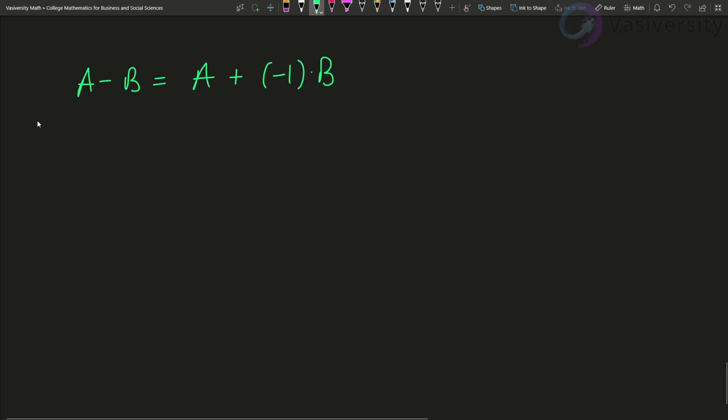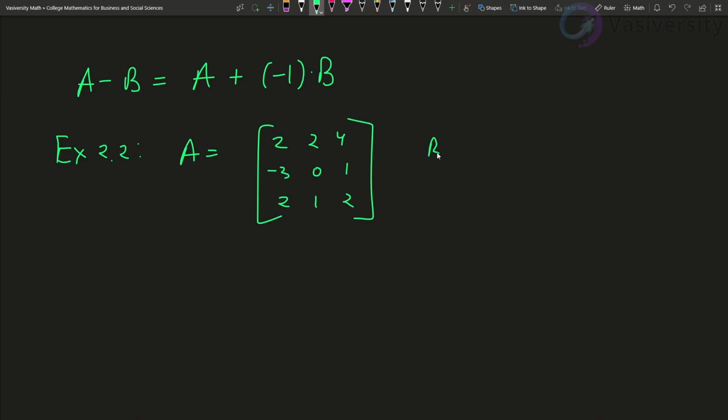Let's say, example 2.2. Let's say that A is equal to 2, 4, -3, 0, 1, 2, 1, 2, and B is equal to 2, 0, 0, 1, -4, 3, -1, 3, 2.